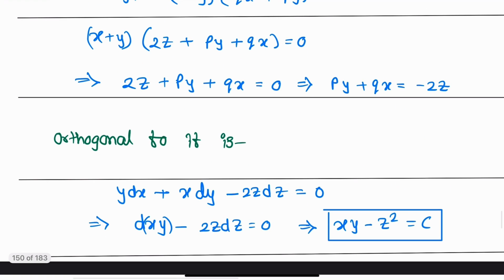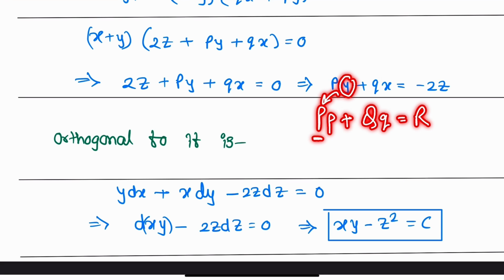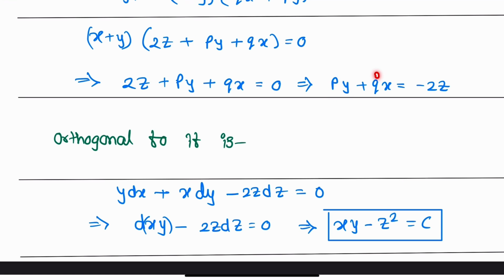Okay. So let us compare this. P dx plus q dy equals r. So if we see, this is p, this is q.